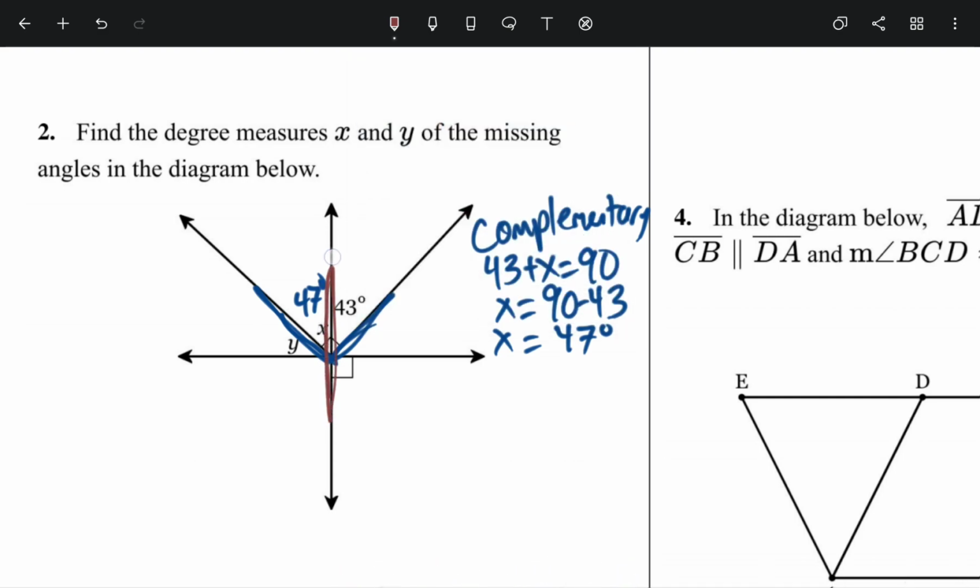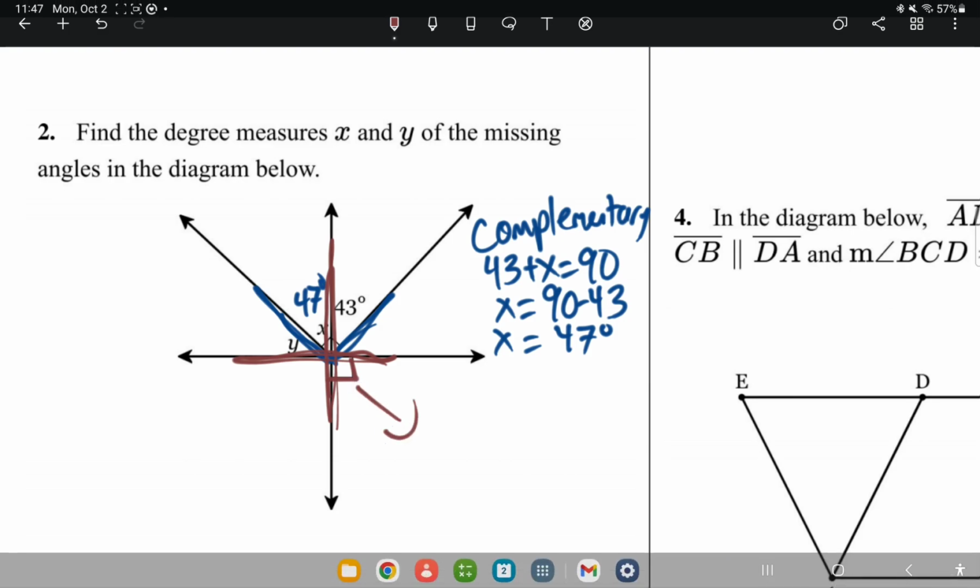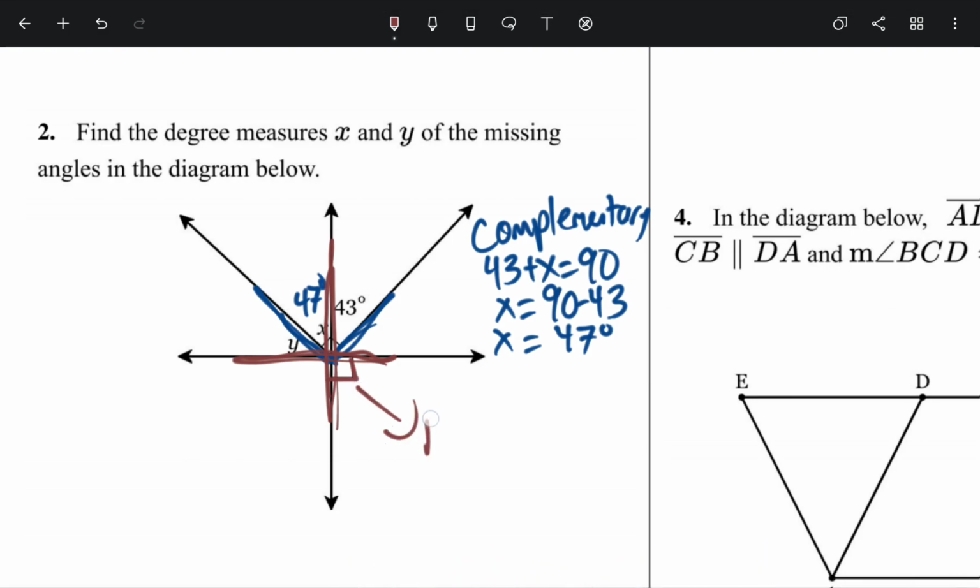Now here we can see this line and this line are perpendicular lines as given by this red angle here. So these two lines intersect at a 90-degree angle, meaning these are also complementary.